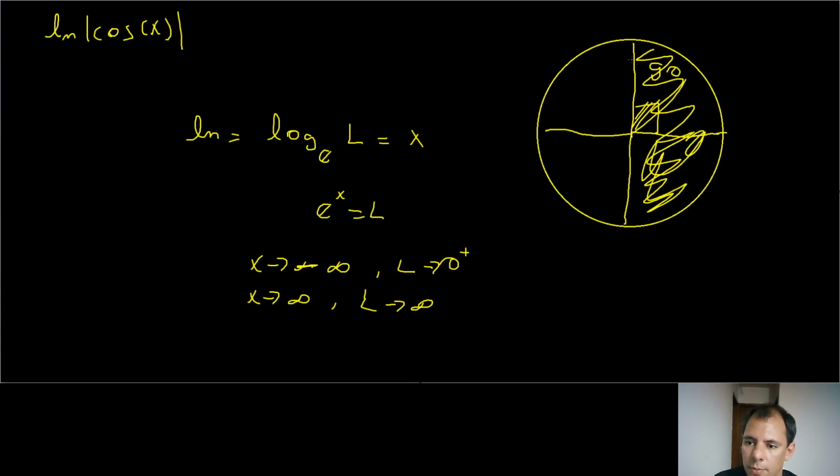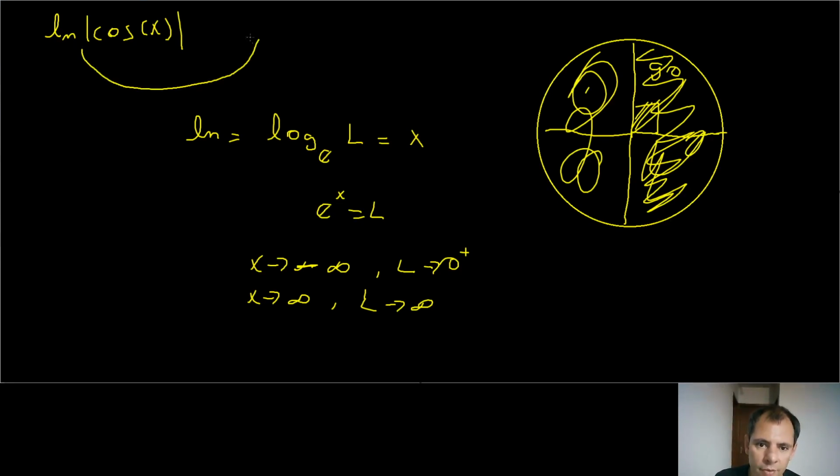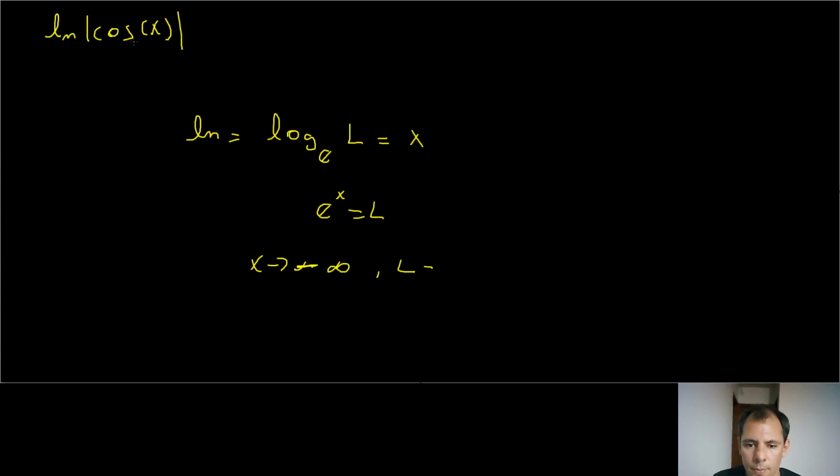For x from over 90 all the way to less than 270, the cosine is going to be negative. But the argument cannot be negative because this is e elevated to whatever in here, which is going to be equal to the cosine. So it has to be positive. That's why I'm putting the absolute value in here.